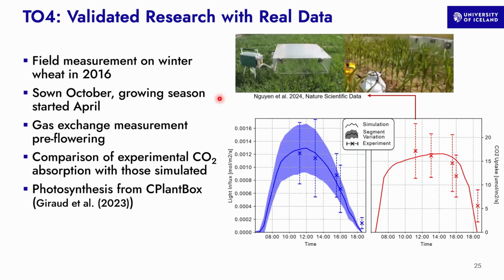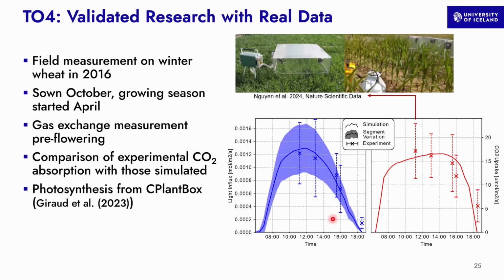This only really works if we have validated field data. And so I compared this to a winter wheat experiment from 2016, sown in October, with the growing season starting around April. You see the gas exchange measurement at the top was published in Nature Scientific Data by Nguyen et al. And I used different data from a weather station for this.